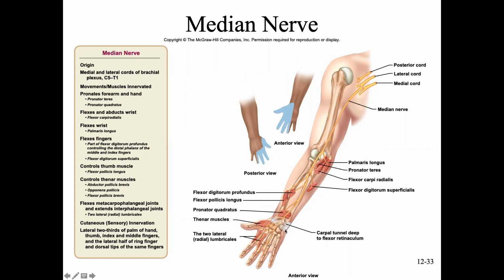There's the flexor retinaculum over here that kind of acts like a wristband. If you use the muscles of your fingers a lot, you can have inflammation here. If you have inflammation, there's no give in the flexor retinaculum, and it can pinch the median nerve.